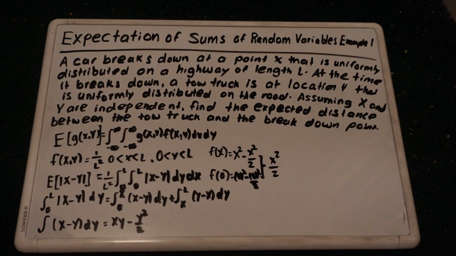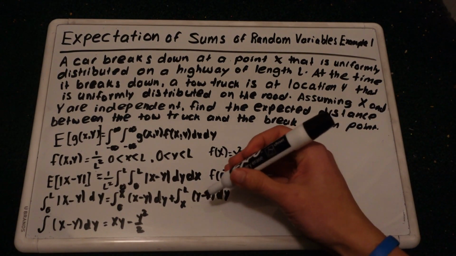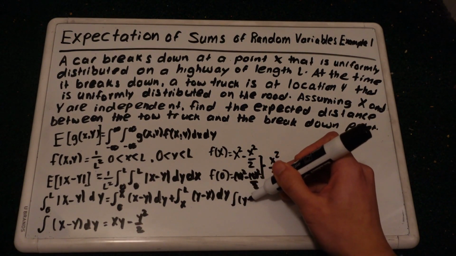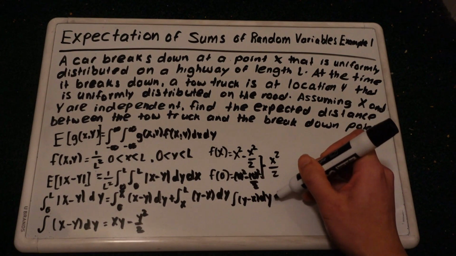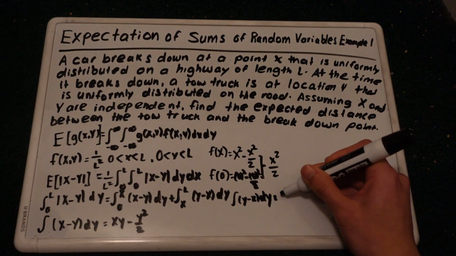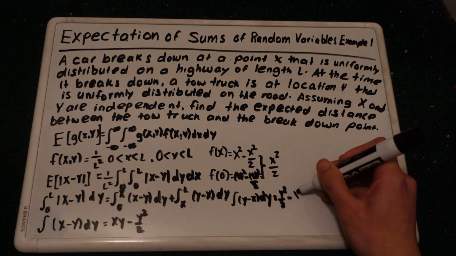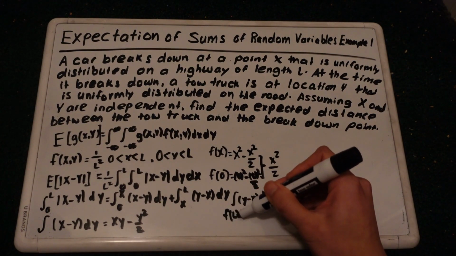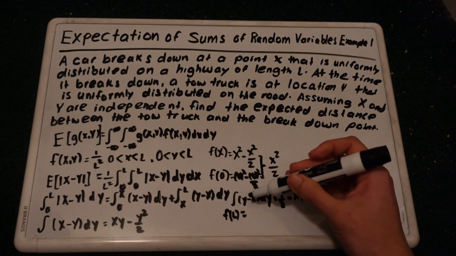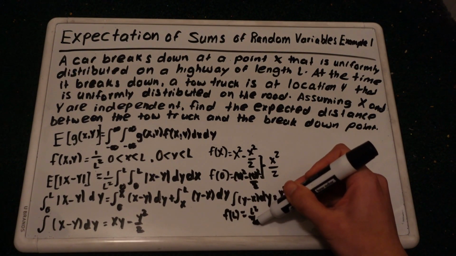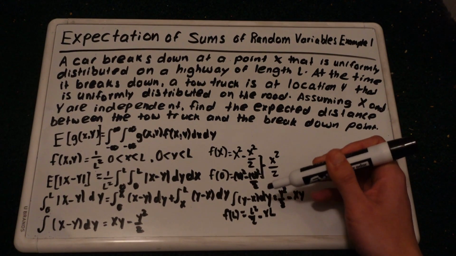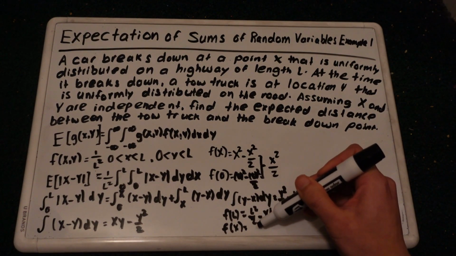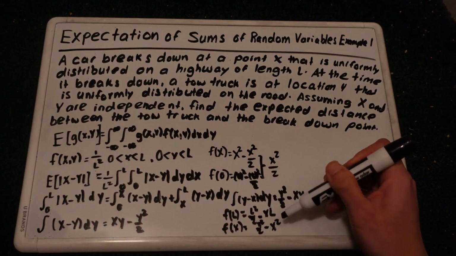And now let me work with the next integral, which is y minus x dy. This is just y squared over 2 minus xy. And let me plug in the boundaries for that. So f of L is equal to L squared over 2 minus xL. And f of x would be x squared over 2 minus x squared.